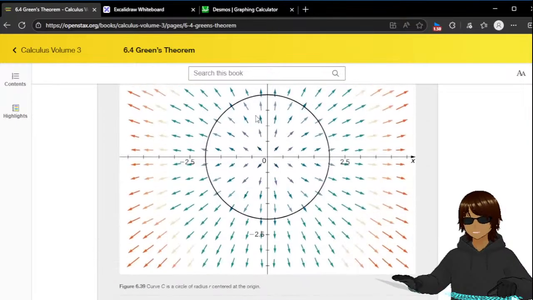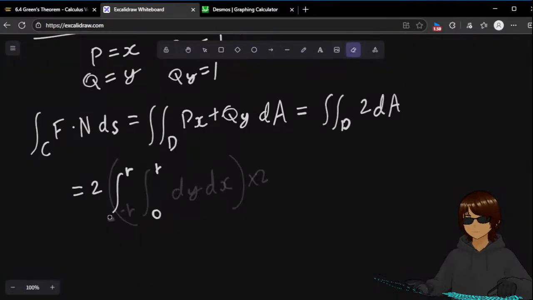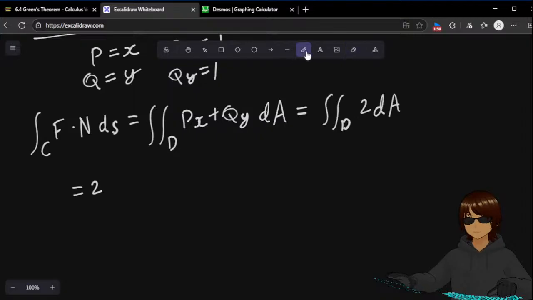Oh no, wait, it's just pi r squared. I don't need this integral. So 2 pi r squared.